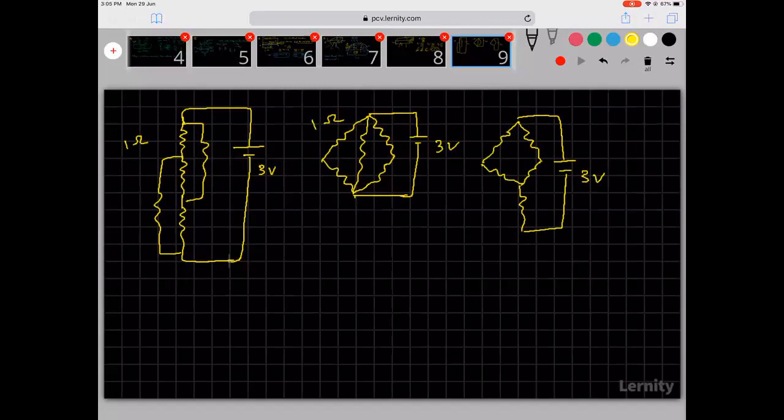The power generated here is P1. The power generated here is P2. The power generated here is P3. They are asking you to arrange P1, P2, and P3 in increasing order.